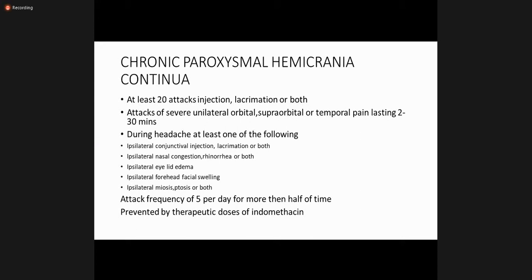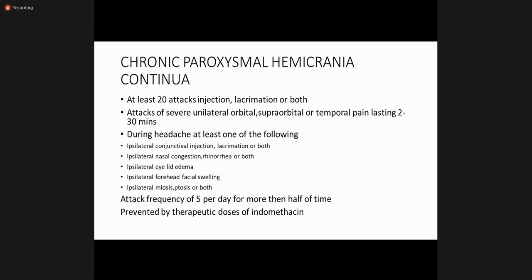So at least 20 attacks of headaches are there, along with the autonomic features of congestion and lacrimation, or sometimes both. And these also are headaches of unilateral onset with severe intensity, having supraorbital or temporal pain, which is lasting for 2 to 3 minutes.